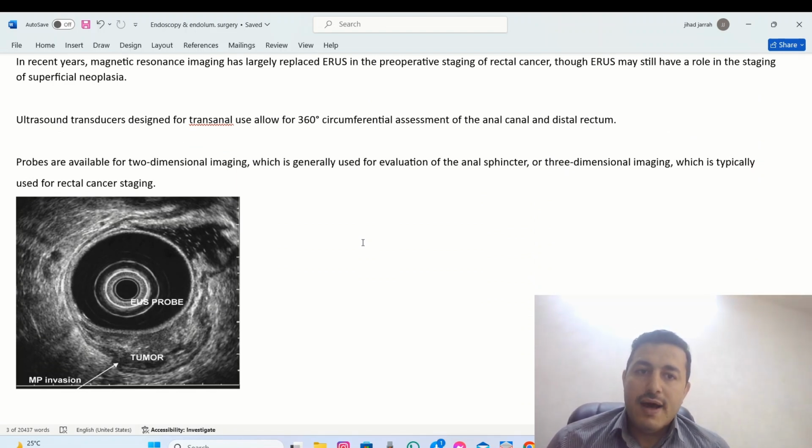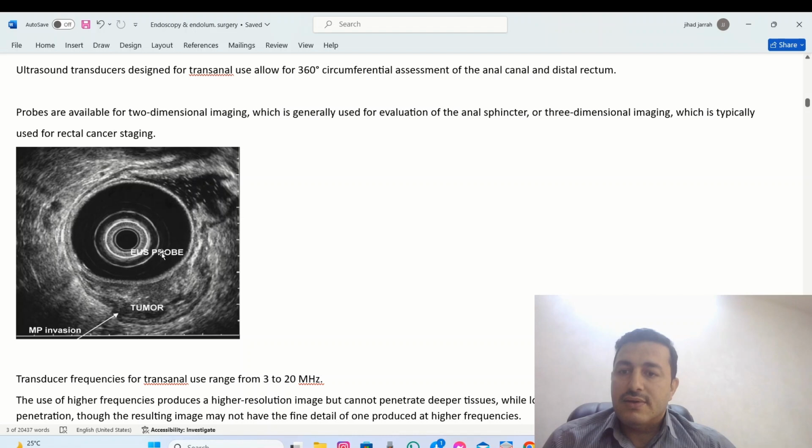It's usually a 360 circumferential assessment if we are talking about the anus, and here as you can see the ultrasound probe. Here we have a tumor over here. So actually this is a 2D image.